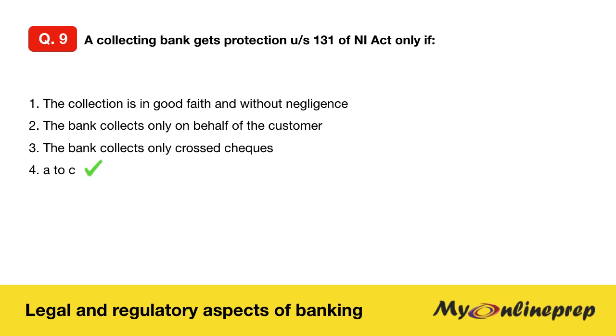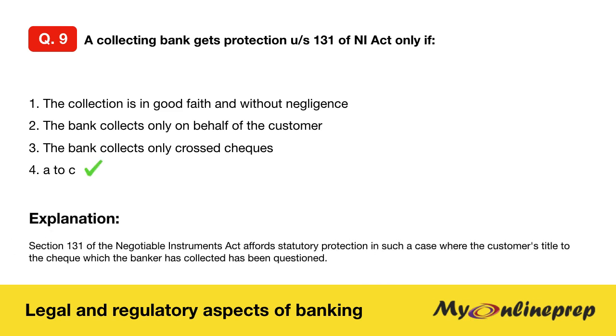Because Section 131 of the Negotiable Instruments Act affords statutory protection in such a case where the customer's title to the cheque which the banker has collected has been questioned. Then only Section 131 comes into the picture. Okay, great, got it.